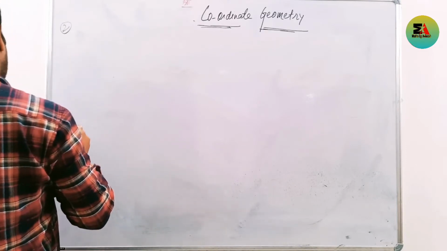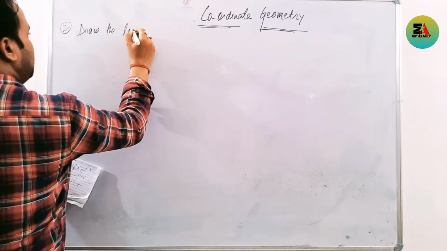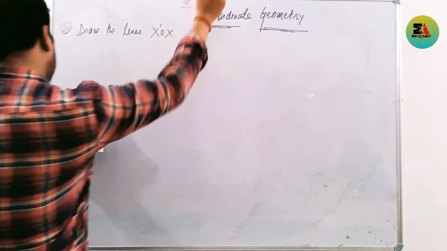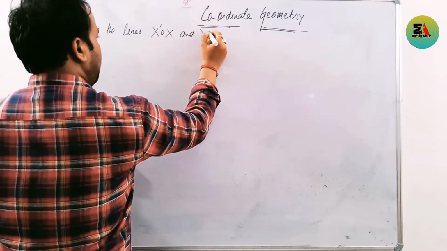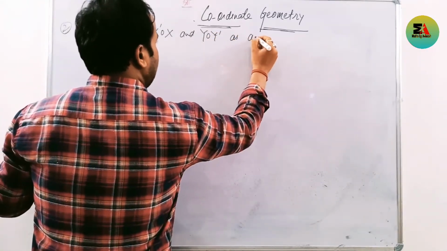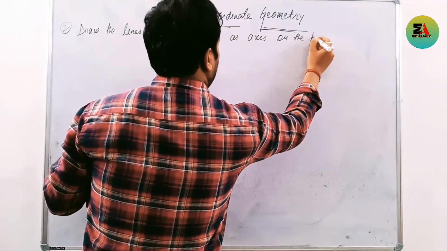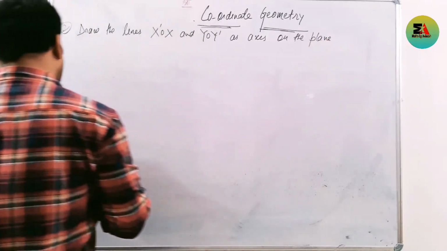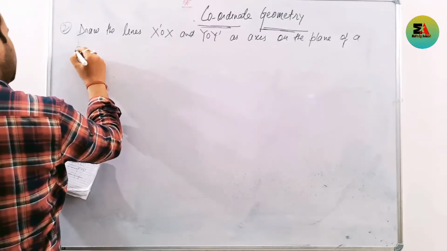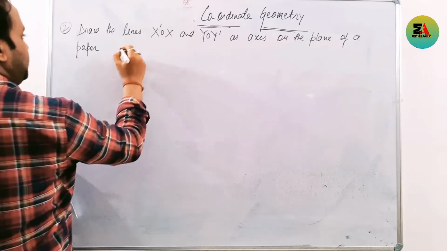The question says, draw the lines X'OX and YOY' as axes on the plane of a paper and plot the points.